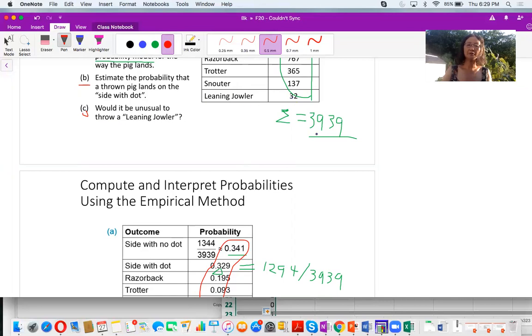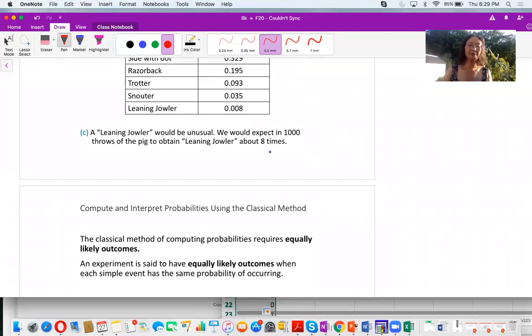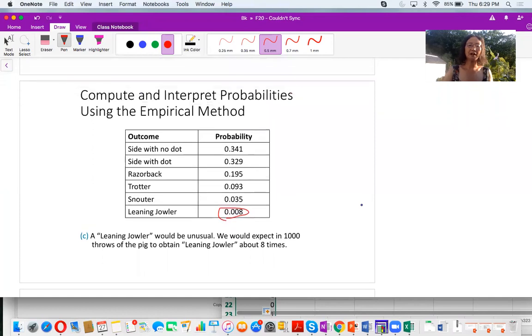It is 32 divided by 3,939, and we get this probability, 0.009. So that means in 1,000 throws of a pig, we would expect to obtain a leaning roller only about 9 times. That would be unusual.